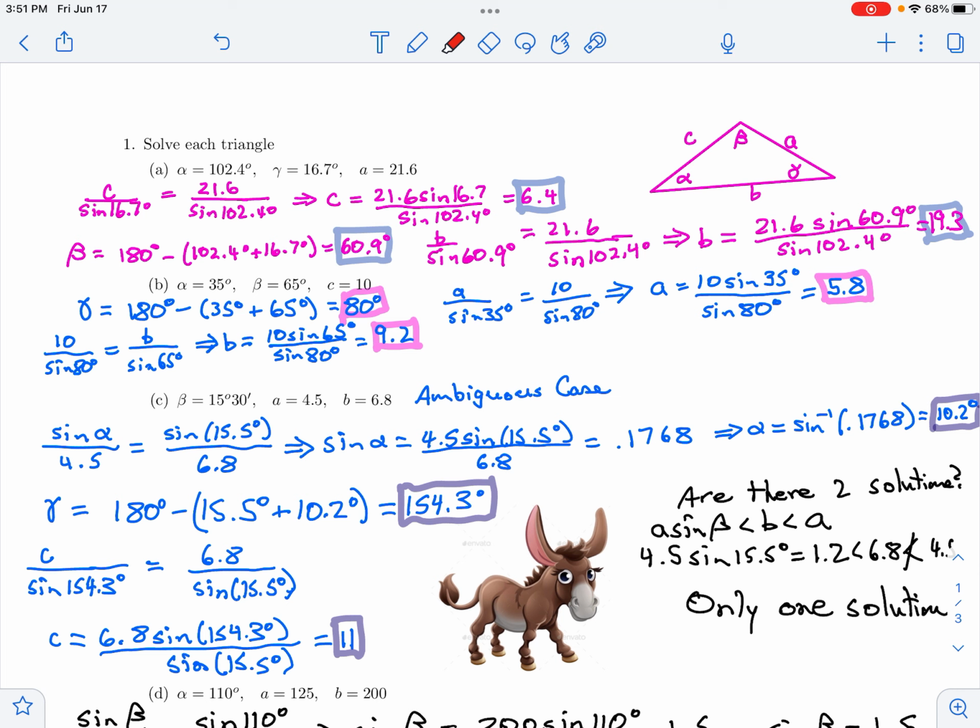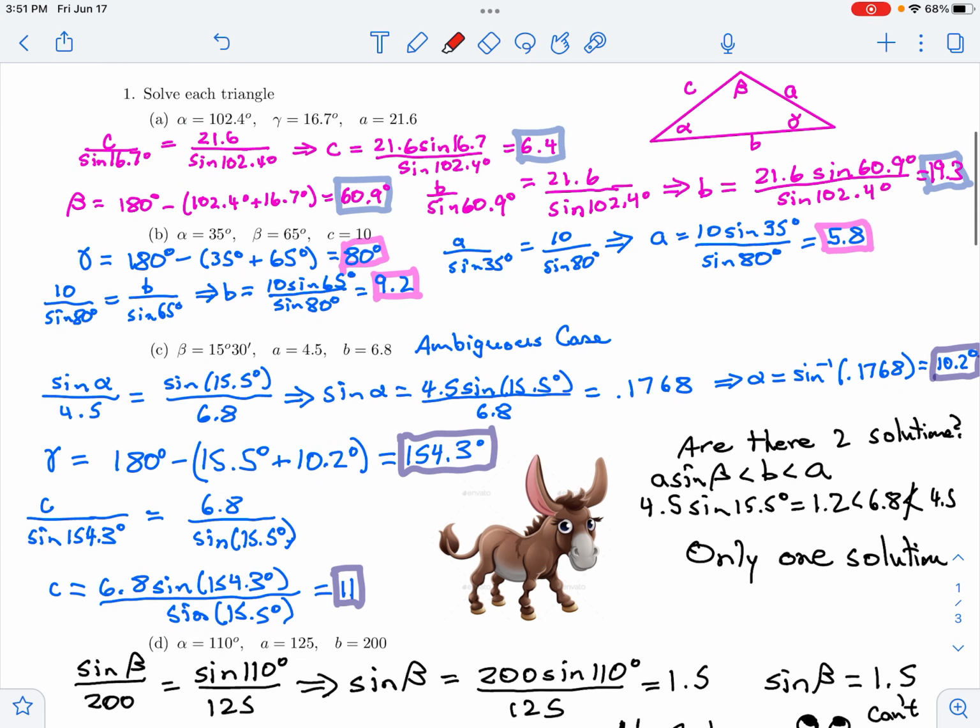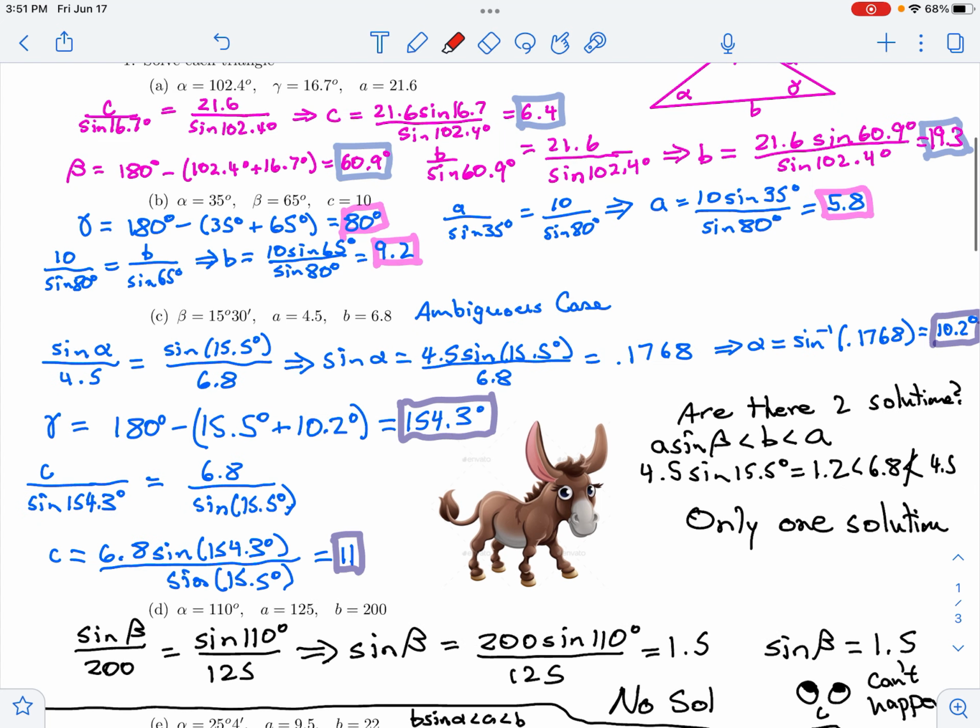Really, I just proceed to work it like usual, using the law of sines. I work through it, and I get the missing angles, alpha and gamma, and the missing side C. Then I'm ready to determine whether there are two solutions.